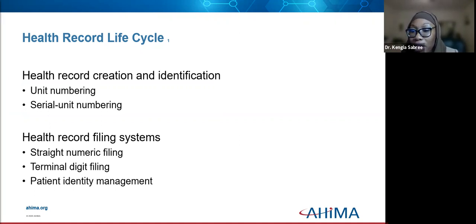So as the healthcare delivery systems become more connected, as I mentioned before, correctly identifying patients and linking patients is more important and has elevated the role of the HIM professional in patient identity management.